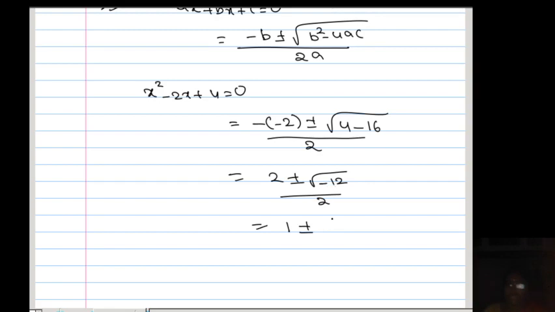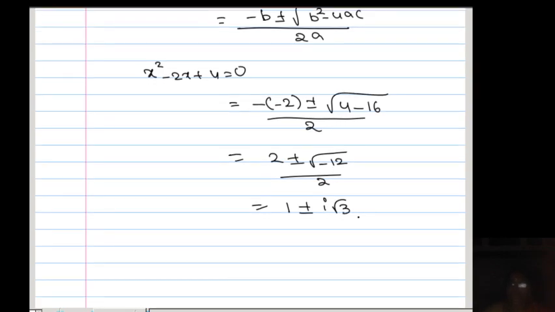Here minus 12 can be written as i root 3 times 2, so 2 cancel. Minus 12 can be written as 4 root 3 with i, so 4 can be taken outside, we are getting 2. So 2 cancel. Here 1 plus or minus i root 3. So these are the roots. Now alpha is equal to 1 plus i root 3. Beta is equal to 1 minus i root 3.